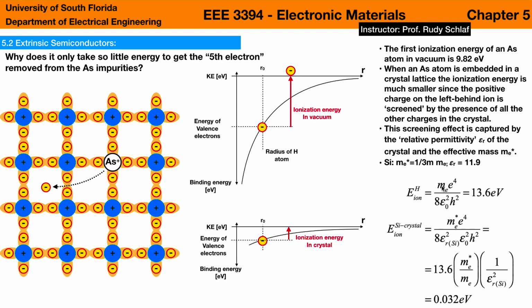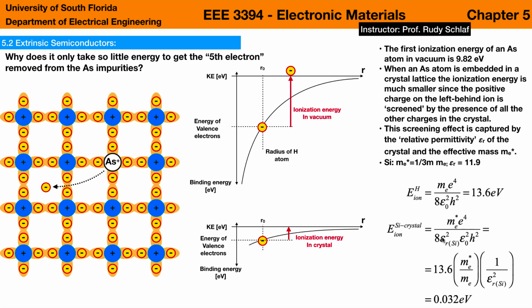First of all, we exchange the electron mass with the effective electron mass, which, if you remember, incorporates the influence of all the other things that are around the electron inside the crystal. So here, when we look it up, the effective mass is about 1/3 of the electron mass in vacuum.